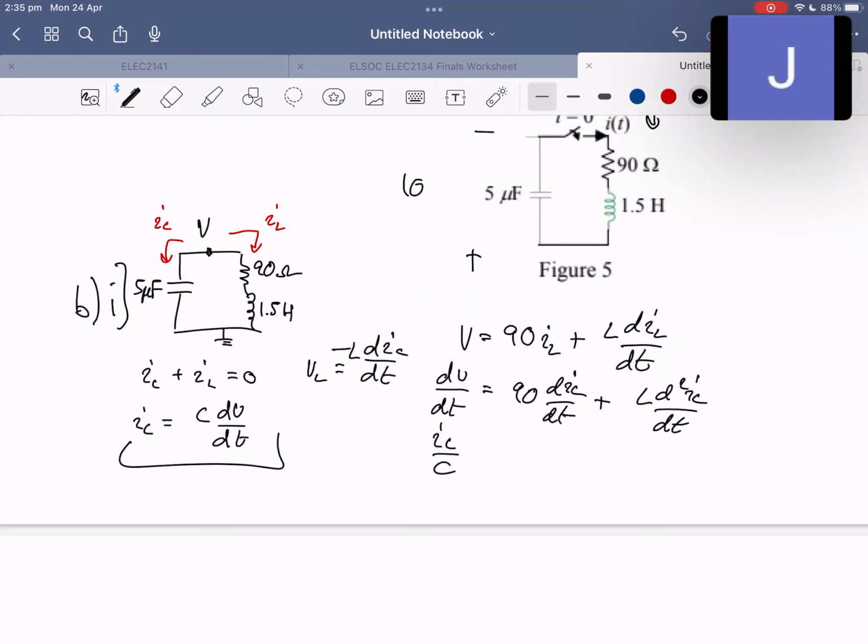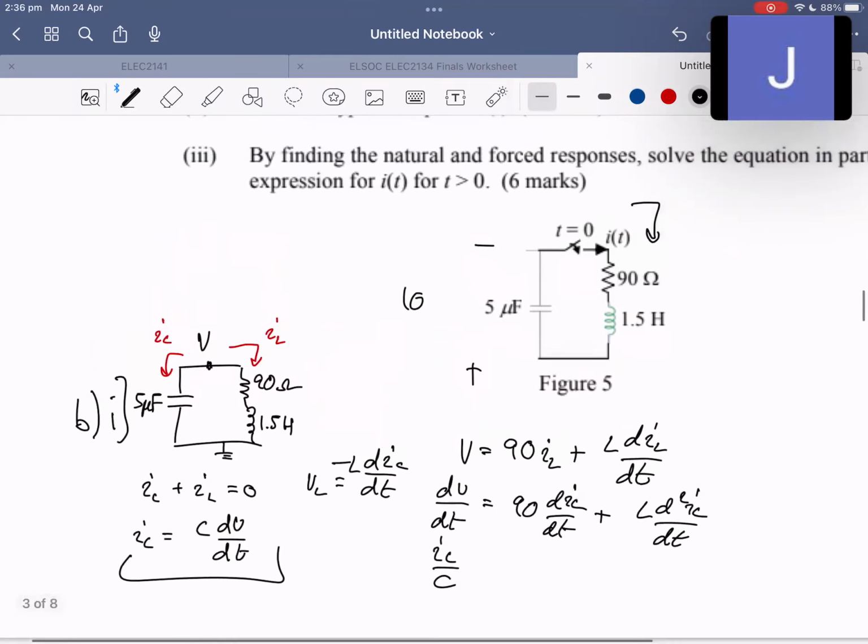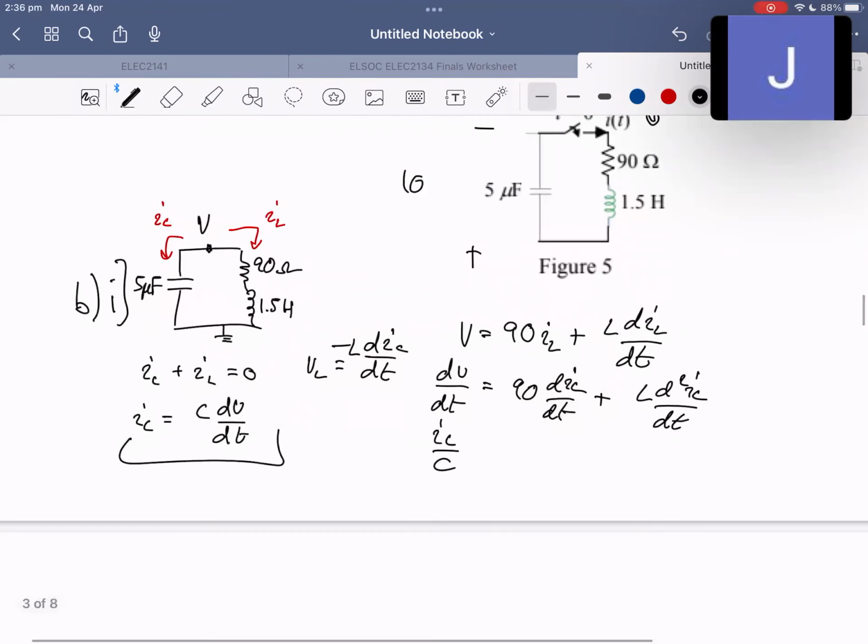By convention, IC is negative IL. Sorry, that is supposed to be a C, but if we're sticking to IL, I'll just write negative IL over C equals 90 dIL on dt plus L d squared IL on dt squared.